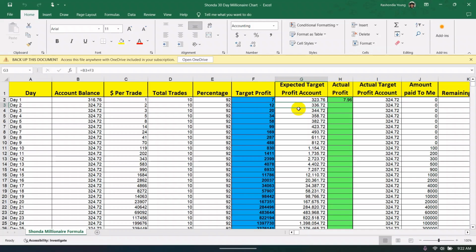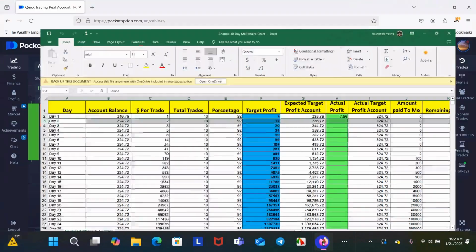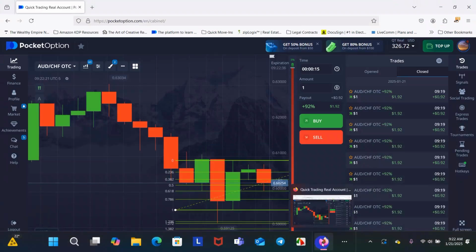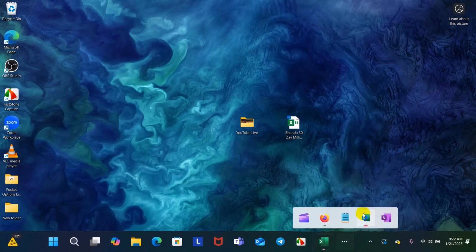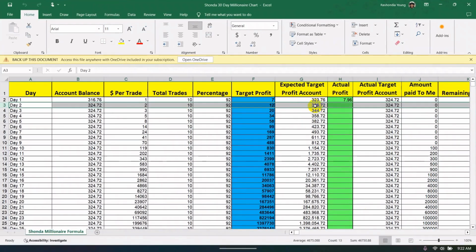But we did not reach the target for today, which, let's see, let's highlight it, which is this one right here, $326.72 in the account. So we will not be updating the account as of yet, or the 30-day chart as of yet, because we didn't hit that target.